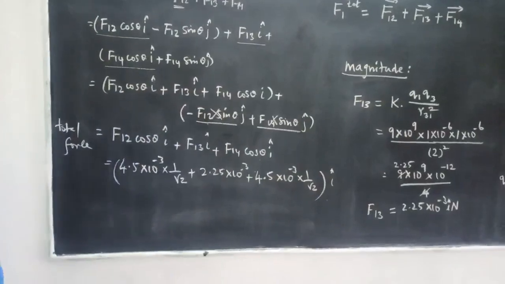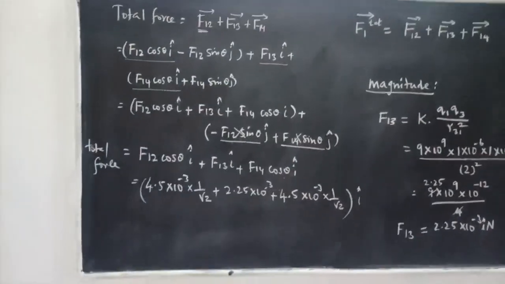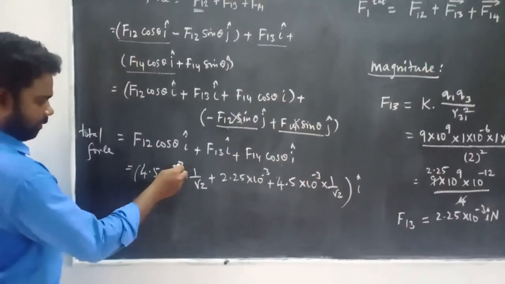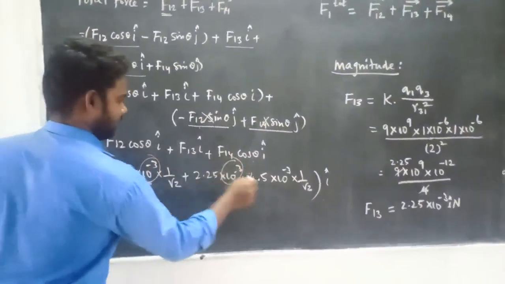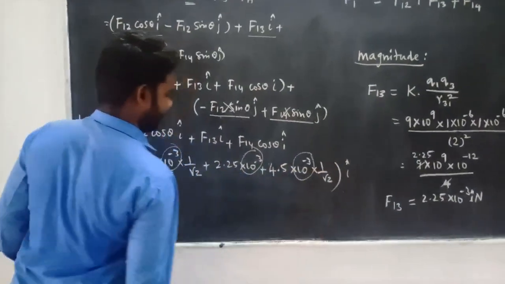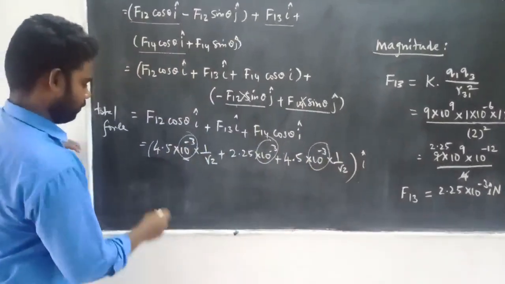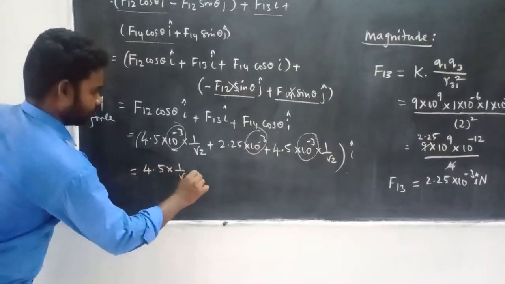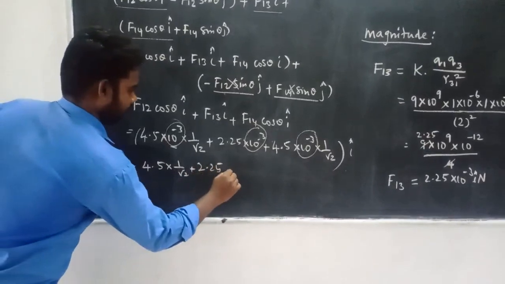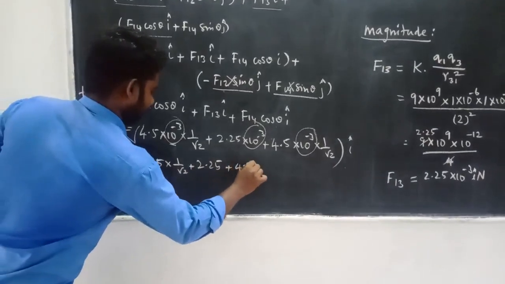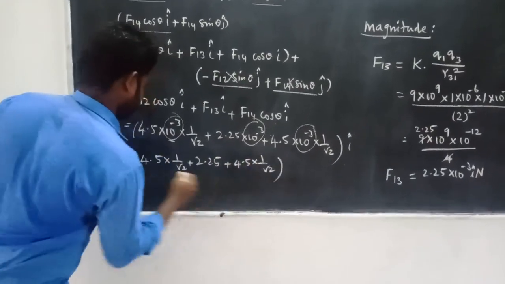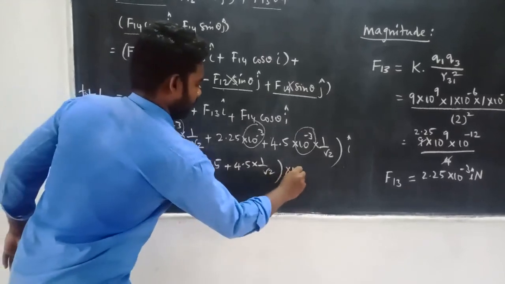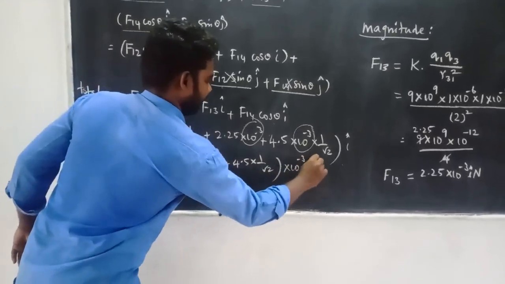So you can take out 10 to the power of minus 3 from the bracket: 4.5 into 1 by root 2 plus 2.25 plus 4.5 into 1 by root 2, into 10 to the power of minus 3 i cap.